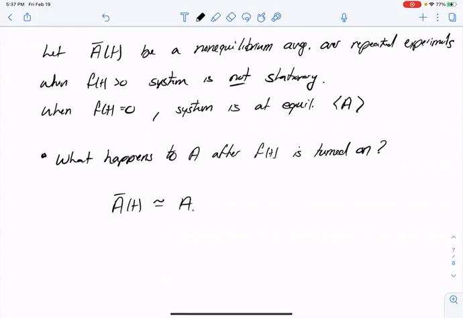Namely, to 0th order, I would have the evolution I would expect in the absence of the force.